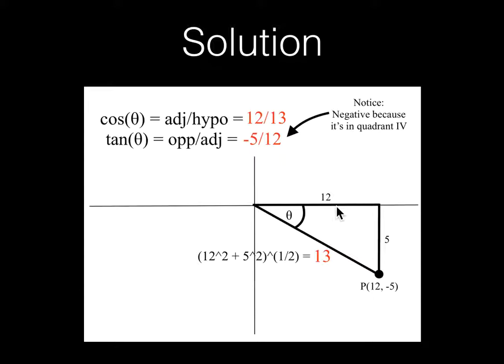But it's important to notice that your tangent is going to be negative, because in this fourth quadrant, our x values are positive, so our cosine's positive, but our y values are negative, which means our tangent's also going to be negative. So you just put a negative sign on it, or you can also use the fact that this is negative 5. You can't have a negative distance, but it is below the x-axis, so there's that.